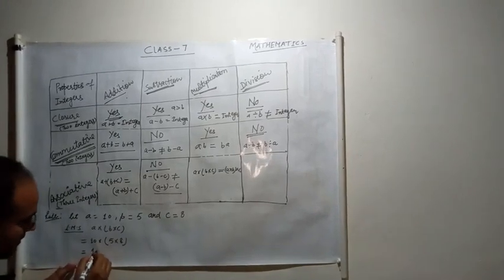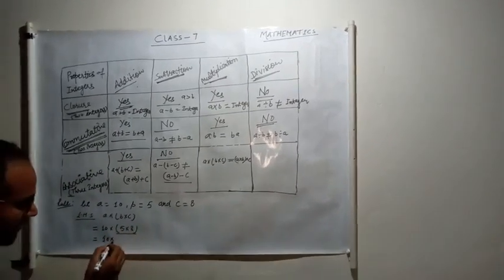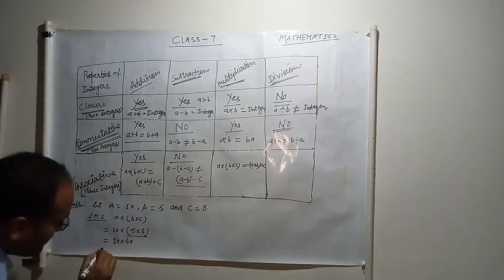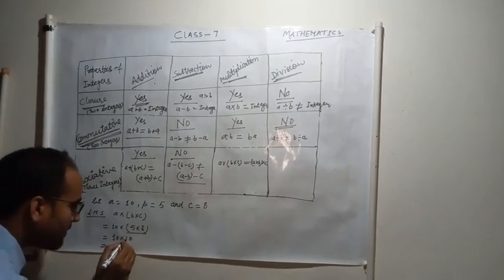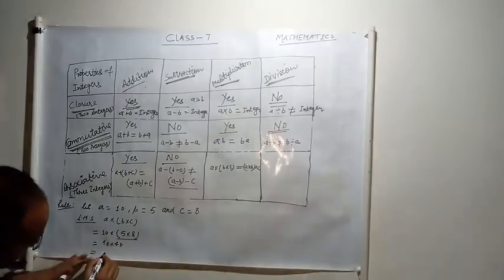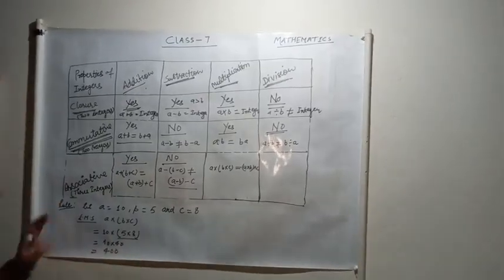So 10, and first we solve this bracket: 5 into 8, what will you get? 8 5s are 40. 40 is multiplied by 10, you get 400. This is the left hand side.